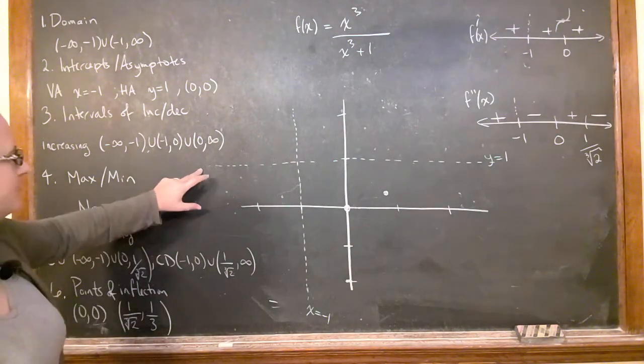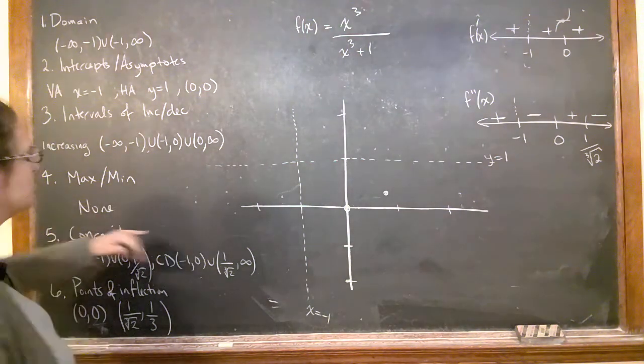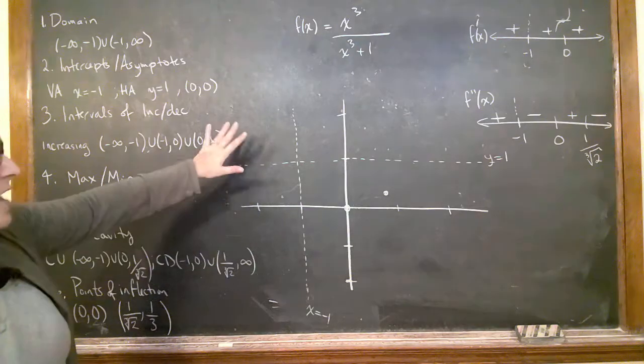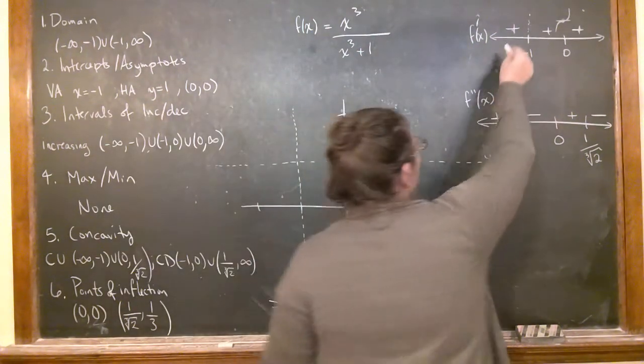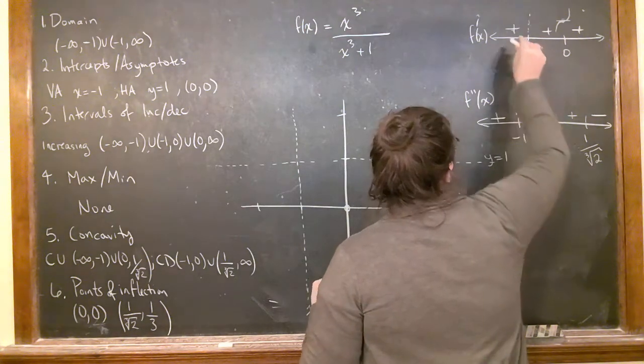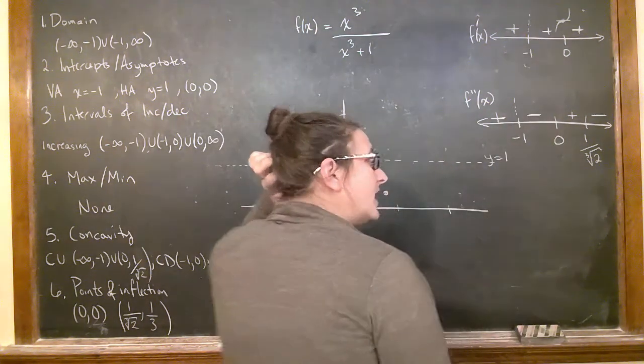Now I'm going to start from the left, right? I've got this horizontal asymptote, this vertical asymptote, and a function in this period which is always increasing and concave up.